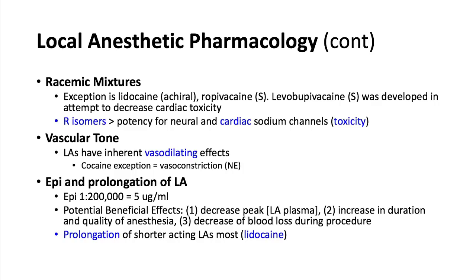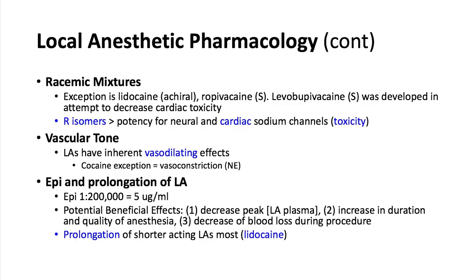Vascular tone: when you inject local anesthetics, they have an inherent vasodilating effect. So if you inject a local anesthetic into tissue, think of the capillaries vasodilating, and we often add epinephrine to constrict them back down and reduce the uptake of the local anesthetic. Now, cocaine is an exception to the other local anesthetics in that it blocks reuptake of norepinephrine, and norepinephrine is a vasoconstrictor.